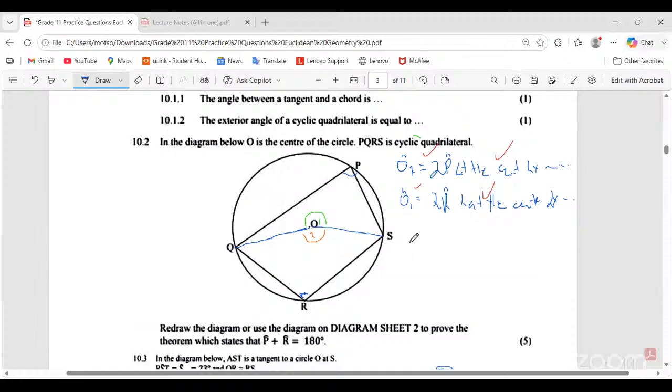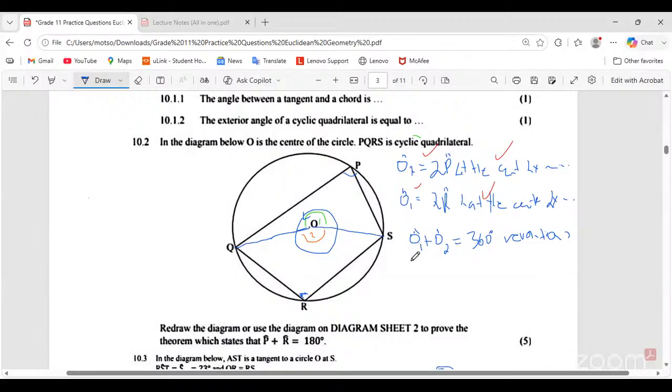You will say angle O1 plus angle O2 is equal to 360 degrees, because that is a revolution.